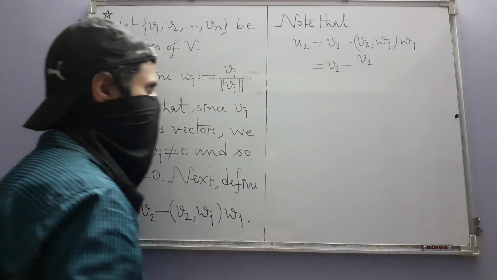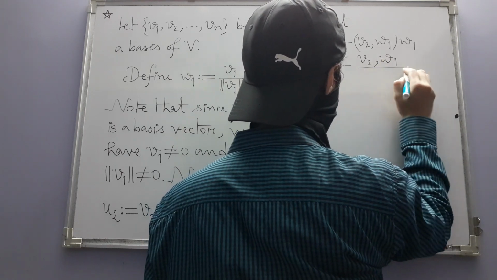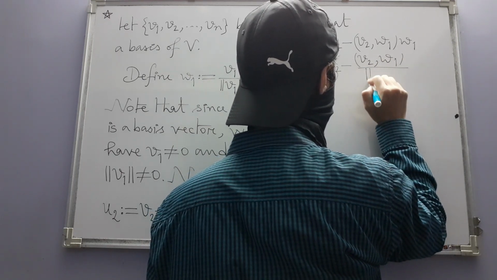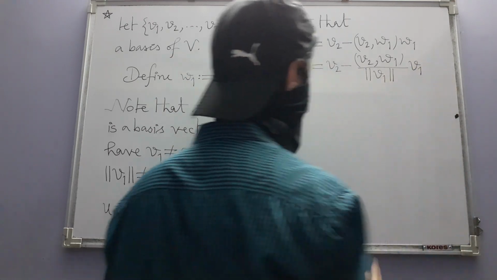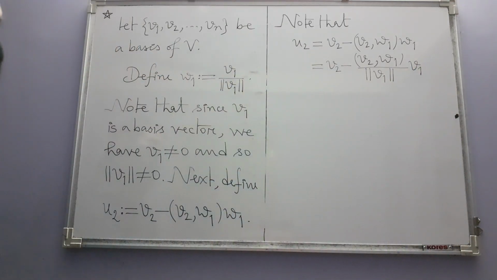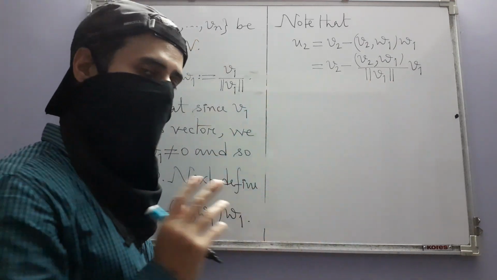V1 divided by its length. So that just simply becomes this. So you can see that U2 is actually a linear combination of V2 and V1.